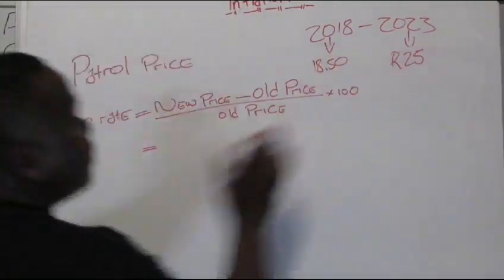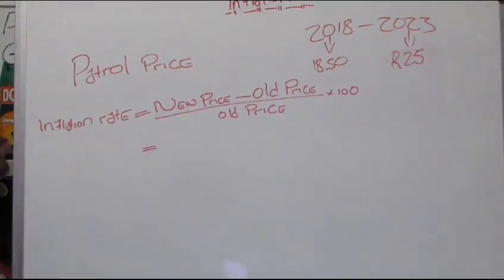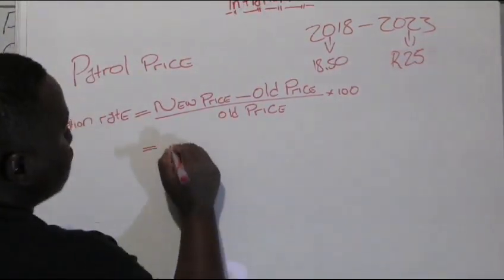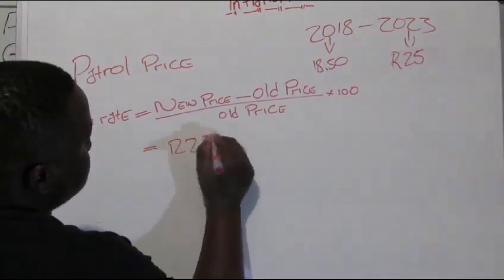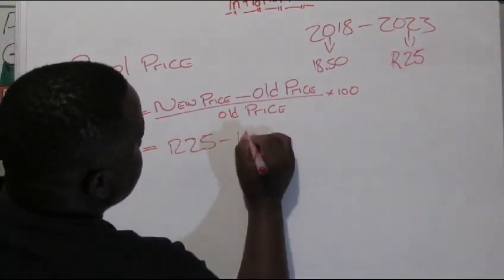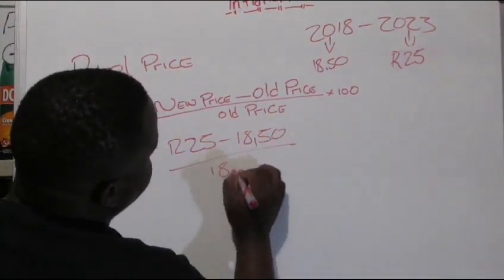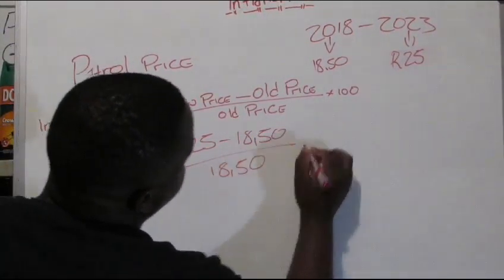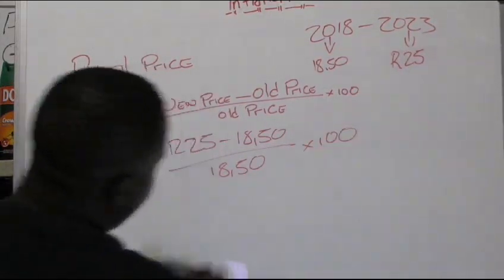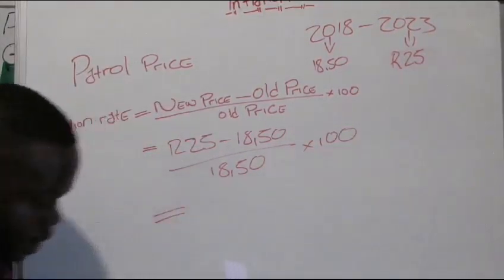So if we want to calculate the inflation rate, this is what we're going to do. It's going to be our 25 rand minus 18.50, over 18.50, times that 100 over there, and then we get that right there.